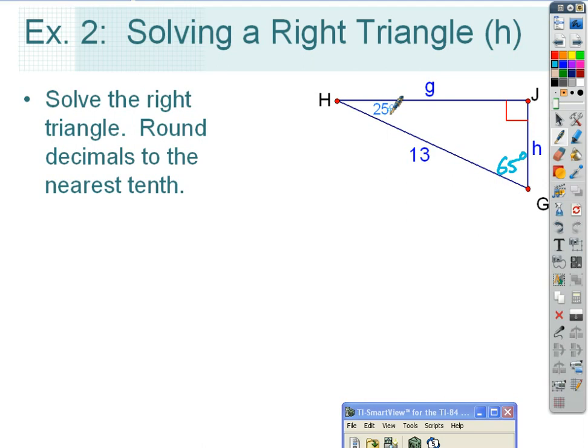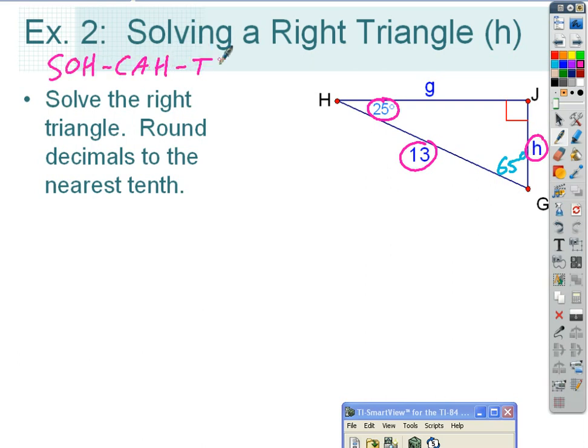Which one? S, right? Because for angle 25, isn't this going to be the opposite side, right? And for the 25-degree angle, this down here is going to be the adjacent side. And then this is always, whoops, sorry, never mind. That's not right, is it?